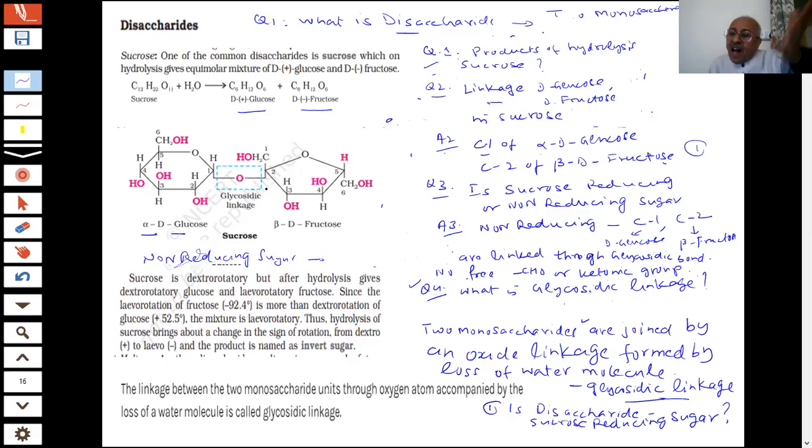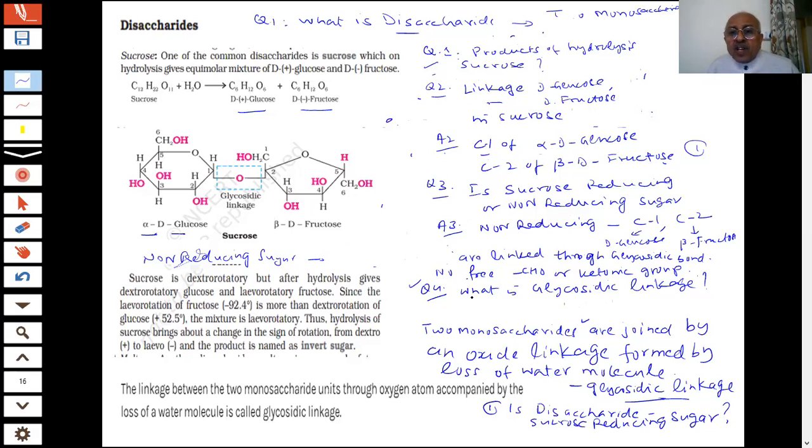In polysaccharides also there will be glycosidic linkage, with more than 2 units of monosaccharides joined. In starch, more than 100 to 1000 molecules of glucose are joined. That is why they are called polysaccharides. They give a large number of glucose molecules inside the body.